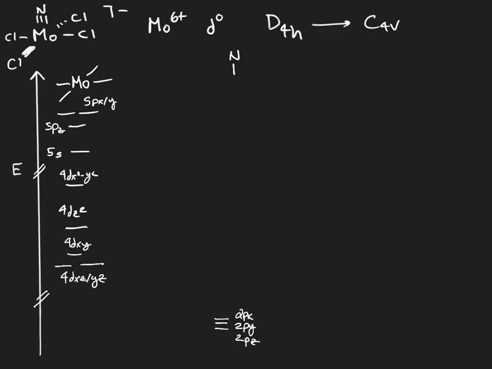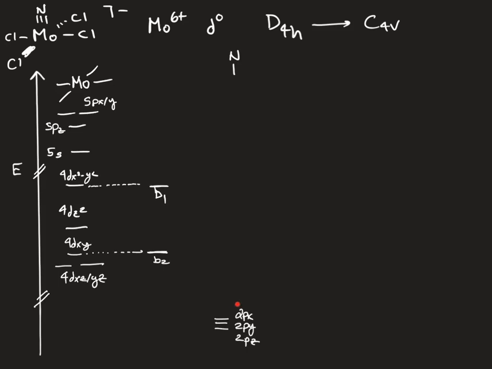In C4v symmetry, the dxy comes across as a non-bonding orbital, and the dx²-y² will too. This has B2 symmetry, and this has B1 symmetry.